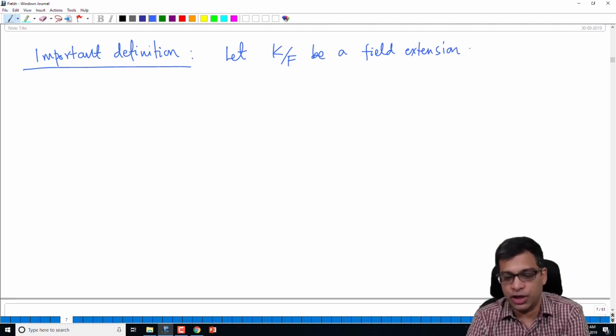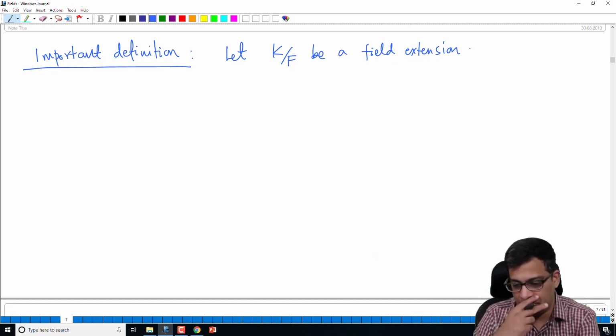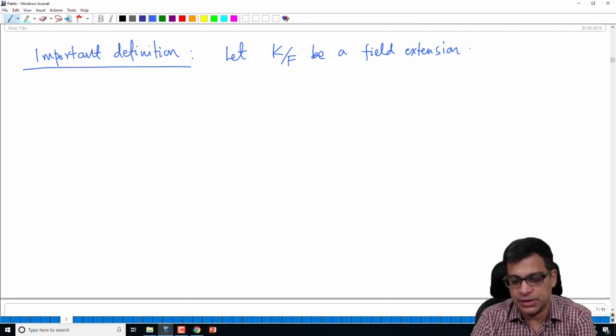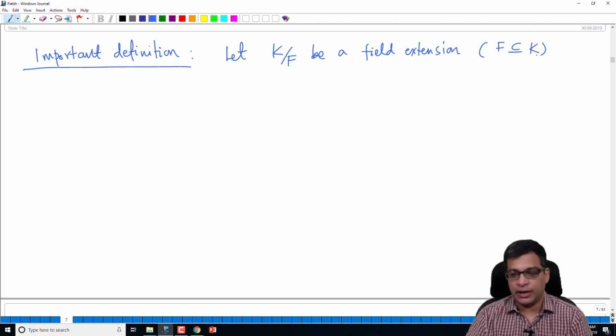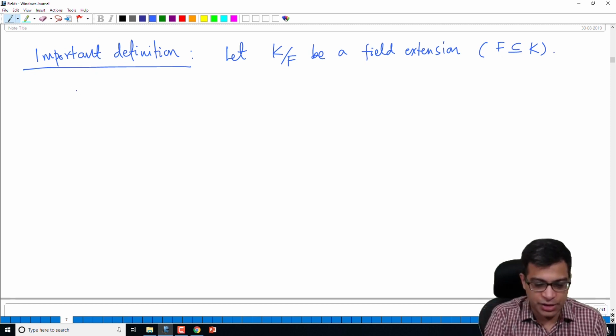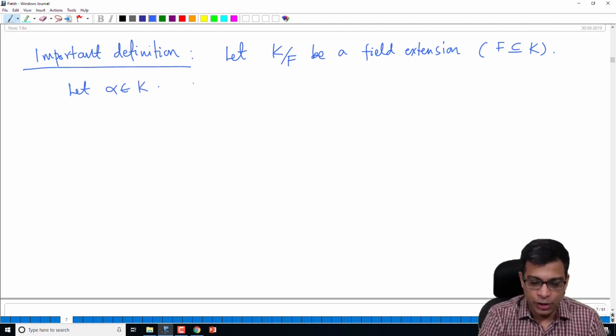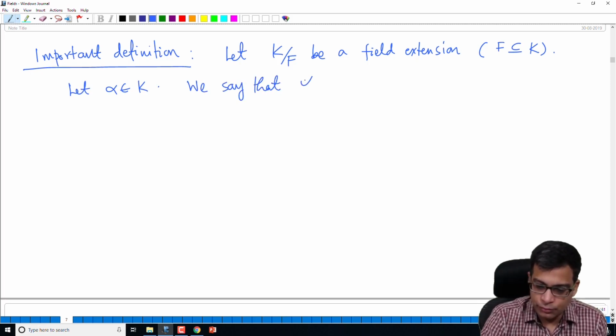Again, let me remind you that we are not talking about quotients at all. This is not the quotient of rings that we've learned earlier. This is just another short way of saying that F and K are fields and F is a subfield of K. So let K over F be a field extension, and let us choose an element alpha in K. We say that alpha is algebraic over F.